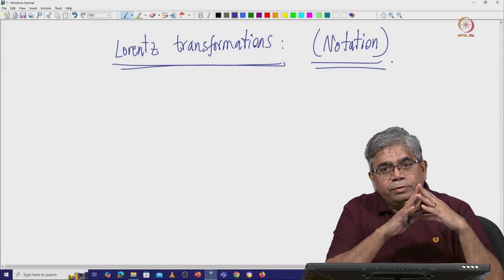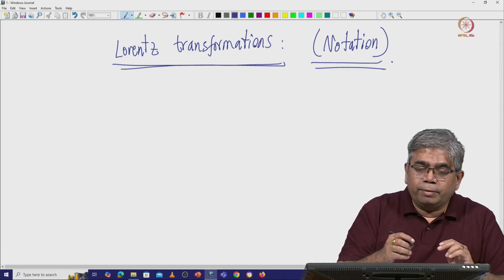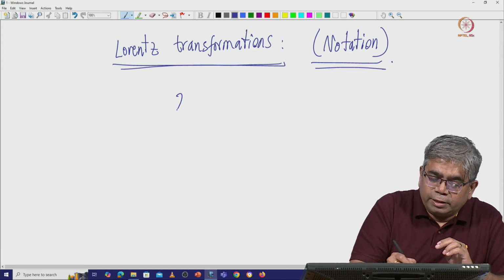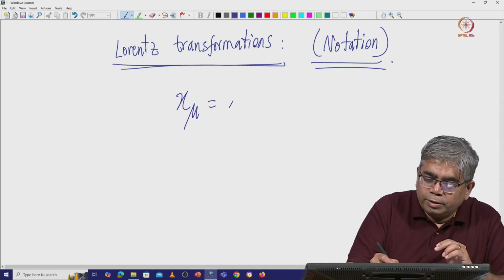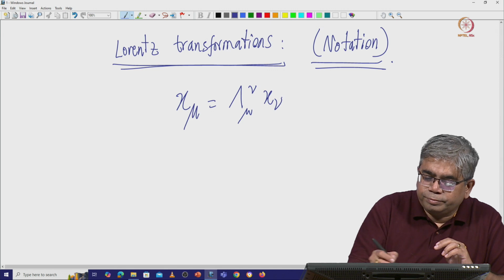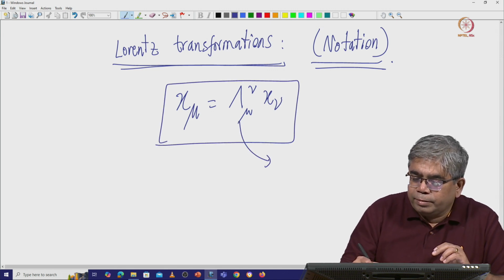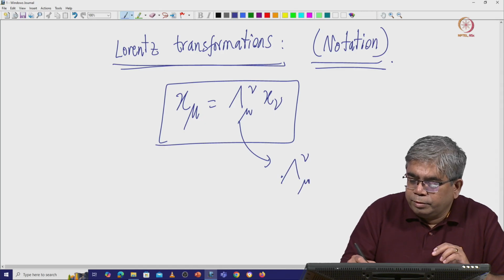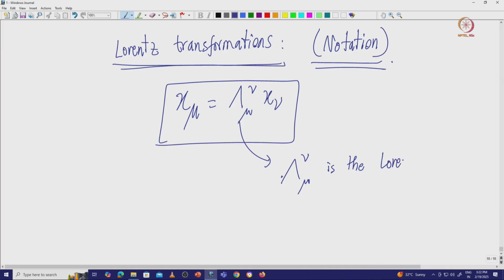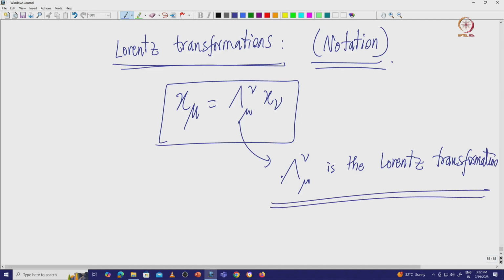But just to set the notation, as we said, x mu is equal to lambda mu nu x nu. This lambda is the Lorentz transformation.